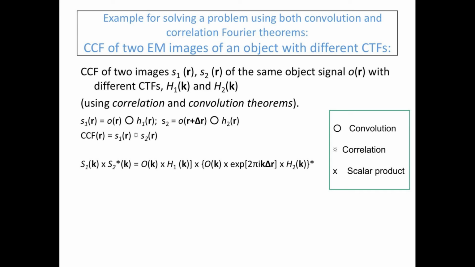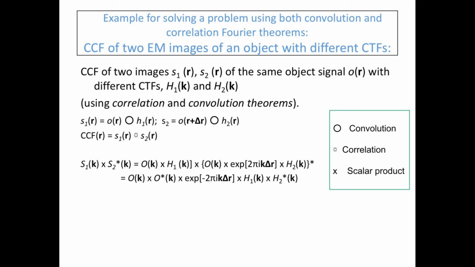However, since the object is shifted, we have to apply the shift in Fourier space. The shift is expressed in this way. Okay, and that gives us, now I have to simply reorder because these are simply products.